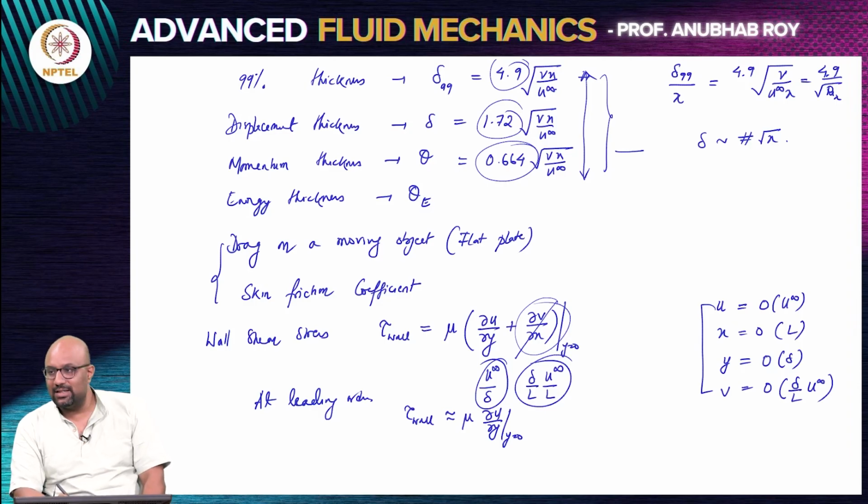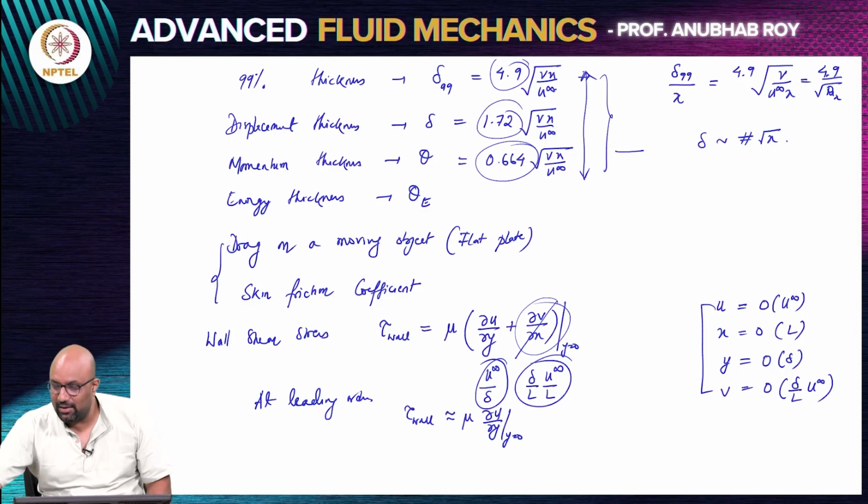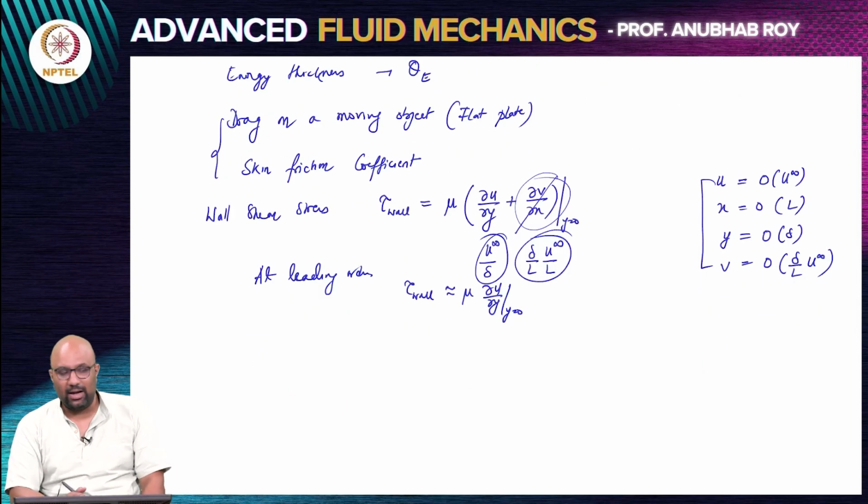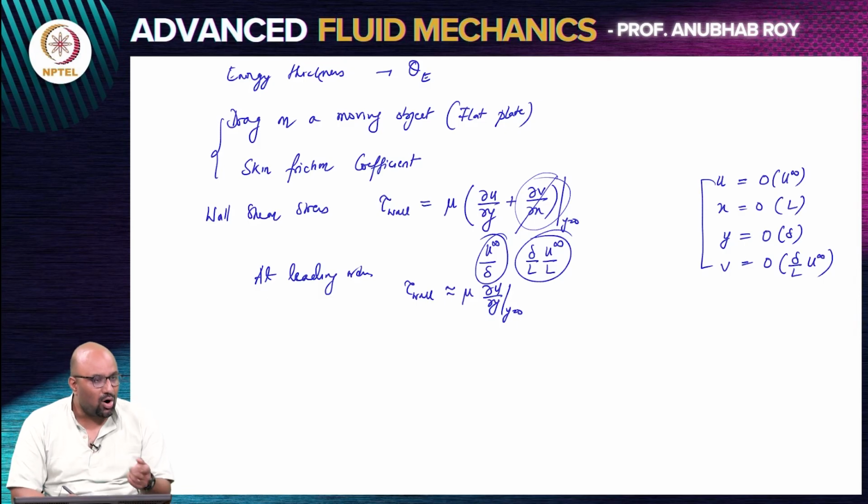It's not because v is 0. This is not the argument that we used in channel flow or in plane Couette flow, where we said there was no vertical velocity, hence the shear stress at the wall was exactly mu du dy. Here it is mu du dy because du dy, which is the transverse gradient of the streamwise velocity, is order 1 by delta square larger. Delta is a small parameter. So, it is order 1 by delta square larger than the streamwise gradient of my vertical velocity. That is the reason why we are saying at leading order you can ignore that term.